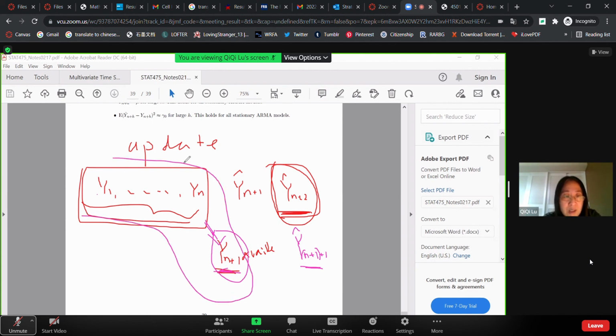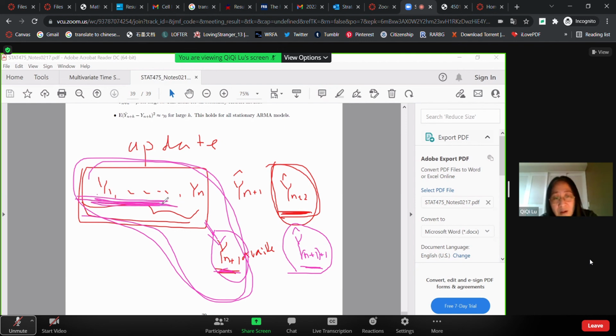You have all the data, you can start over. So just calculate this one as the one step ahead, no problem. But sometimes if you have a very, very large number of observations, you don't want to start over. So you just want to update this forecast. So update the forecast for n plus 2 here.